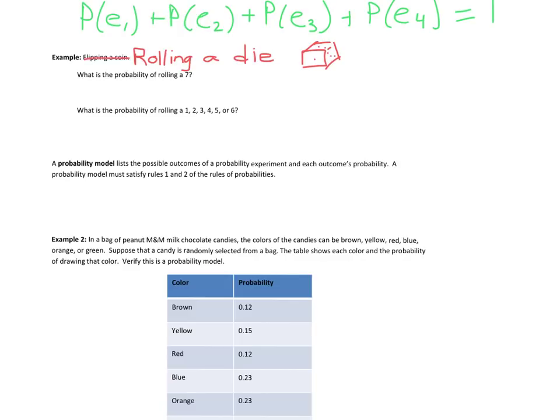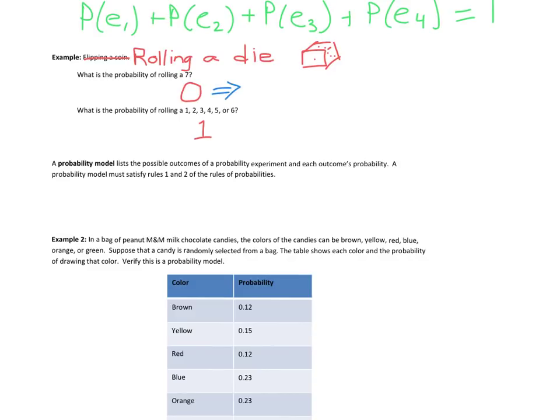Okay, so what is the probability of rolling a 7 if you're rolling a single die? Well, is 7 even on there? No, so the probability of rolling a 7 is 0. All right, and then likewise, what's the probability of rolling a 1, 2, 3, 4, 5, or 6? Well, those are all the numbers on the die, so of course you're going to roll one of those numbers. Okay, so we have a special name for these things.